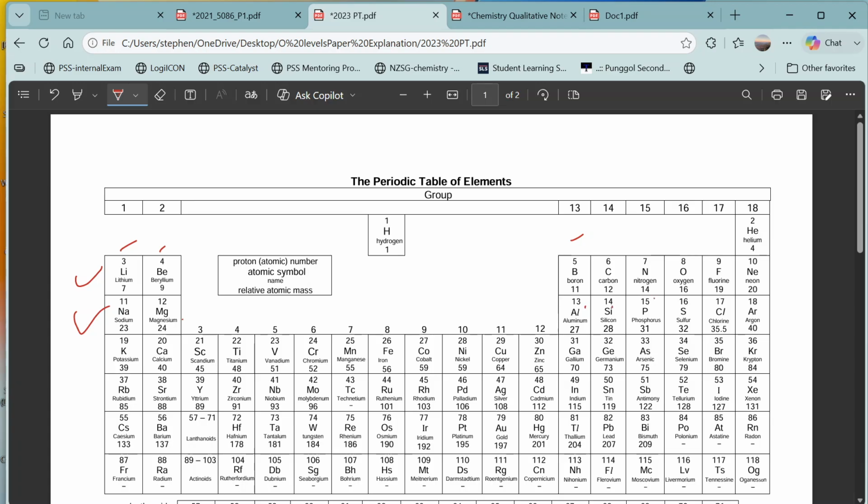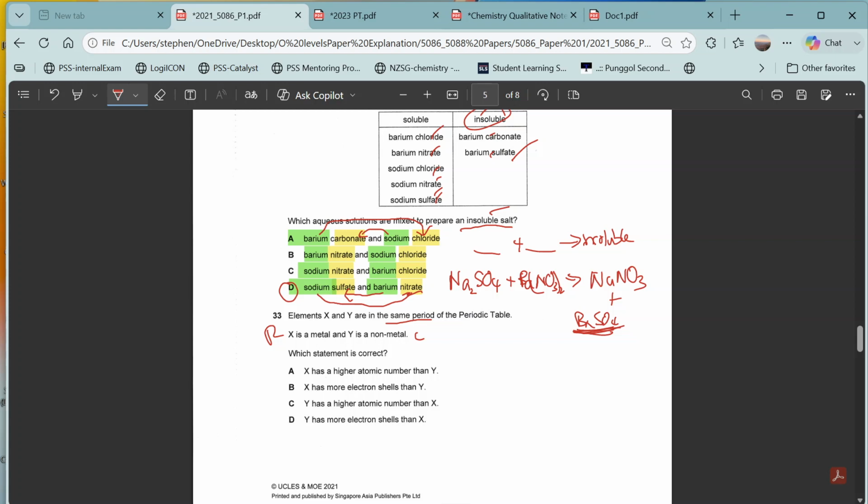Cannot be, right? The ones on the right hand side have a higher number than the left hand side. X has more shells? I think no. Same shells, right? Because it's the same period, same number of shells.